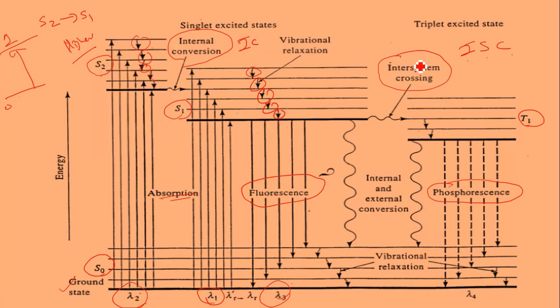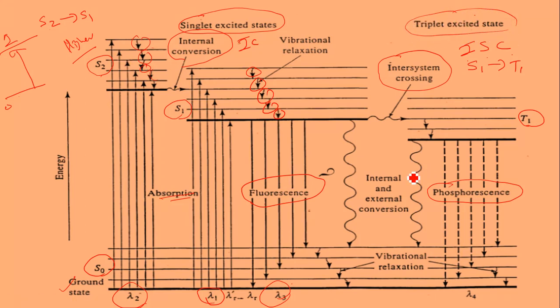Now what is intersystem crossing? Intersystem crossing means conversion of the singlet state into the triplet state. Now this is known as the singlet excited state, this is known as the triplet excited state.